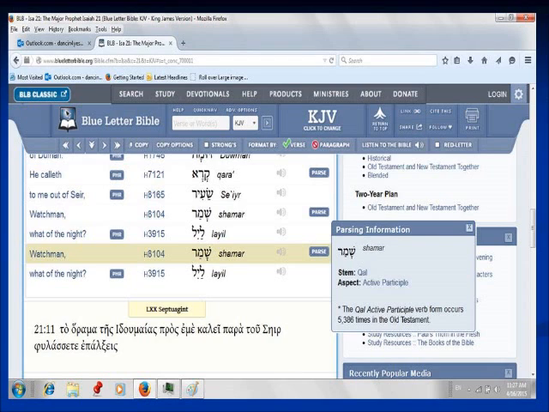And the aspect, which we would consider to be the tense, is the active participle. This is the present tense. So they use some different terminology, but you can get used to the idea. The stem is the binyan. We're going to look at some more, so we have some more examples.